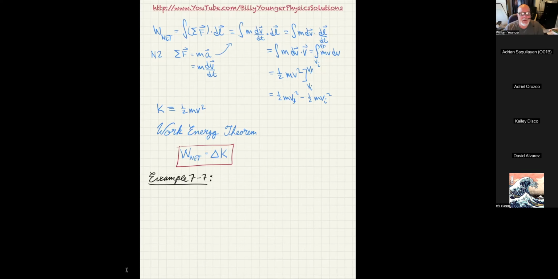Let me read it again. A 145 gram baseball is thrown so that it acquires a speed of 25 meters per second. A, what is its kinetic energy? And B, what was the net work done on the ball to make it reach the speed if it started from rest? So I'm now going to write down what I know. I know V initial is equal to 0. I know V final is equal to 25 meters per second.